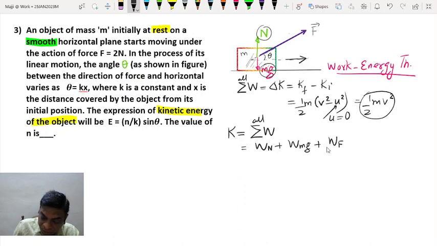So you have only work done due to the force, and since the force is constant, you can write, but however the angle is changing. So I'll write this as the total of small work done by forces. So work done is F into dx into cos of theta.